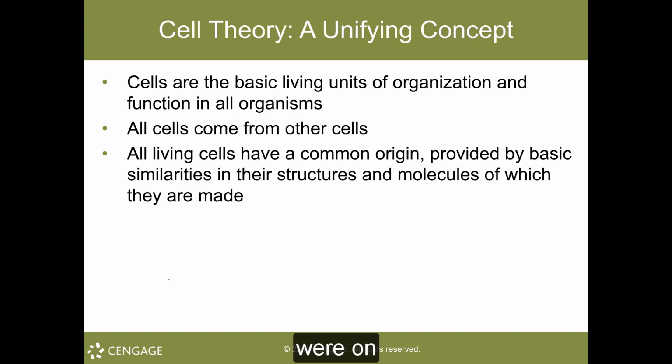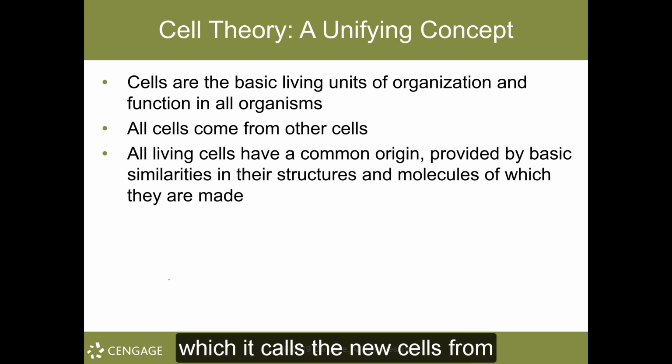Later on, class, Virchow observed those cells dividing, giving rise to daughter cells. Hence, in 1855, Virchow proposed that new cells form only by the division of previously existing cells.